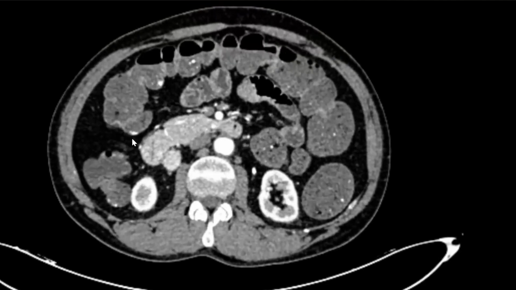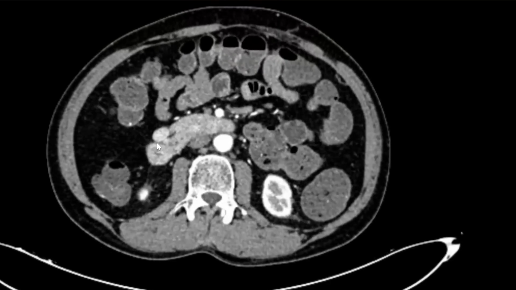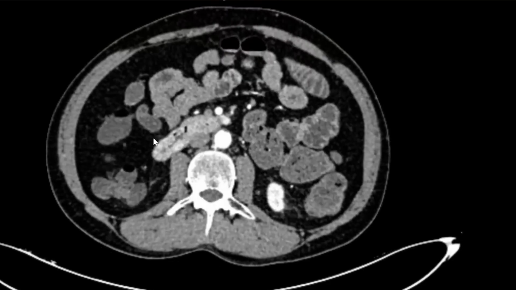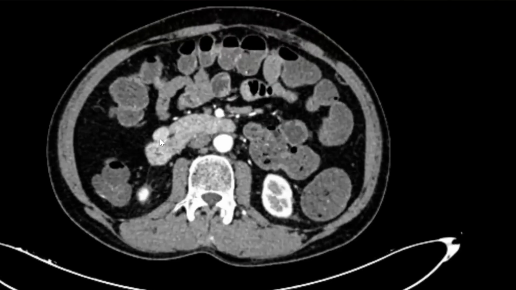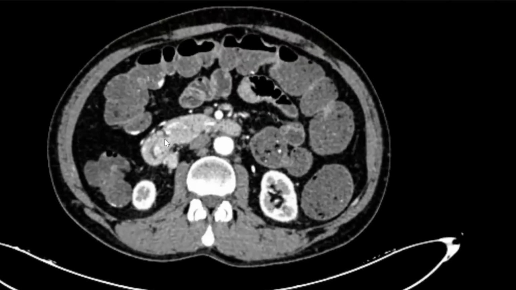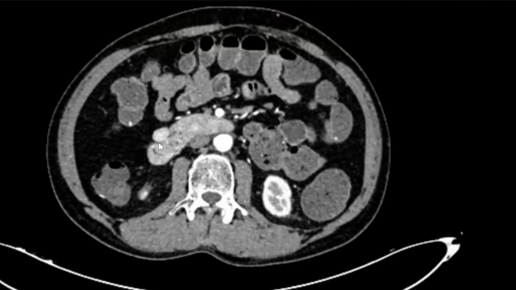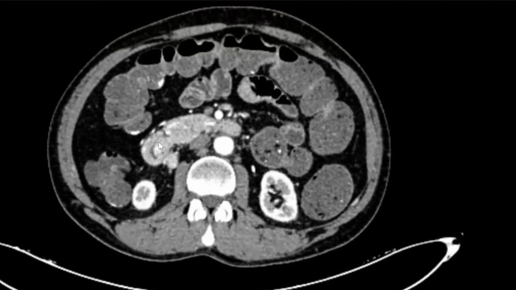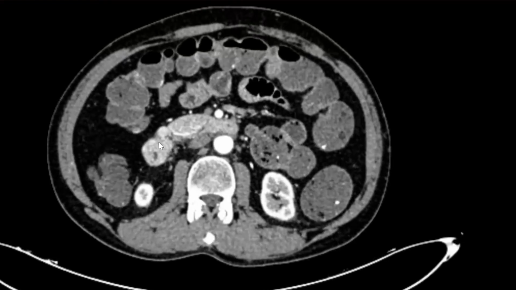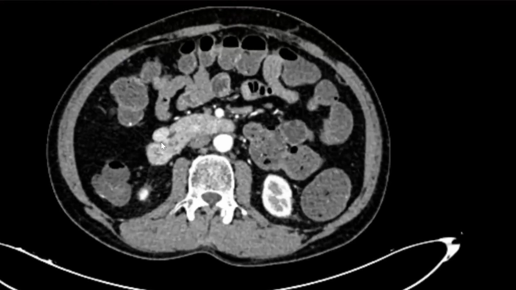There is this hyper-enhancing lesion in the duodenal wall. I think it is enhancing in the arterial phase. So I think it may be an aneurysm from the gastroduodenal artery.